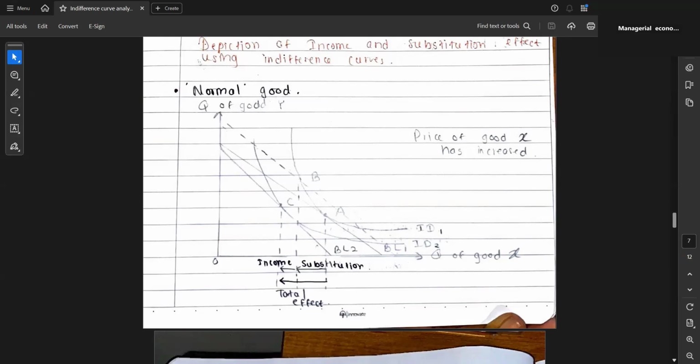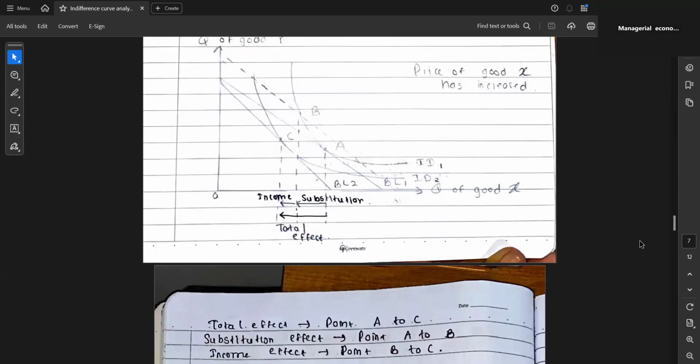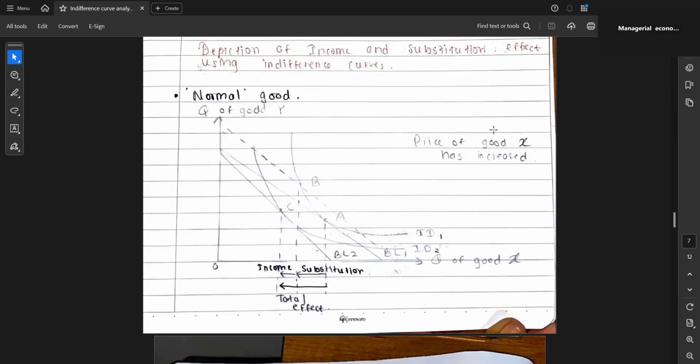So when the price is increasing and the real income is reducing, since that is the good you can purchase at a low price, you will have to increase the quantity of that good, because that's the only thing you can purchase within your budget, within your income level, although your real income has reduced.